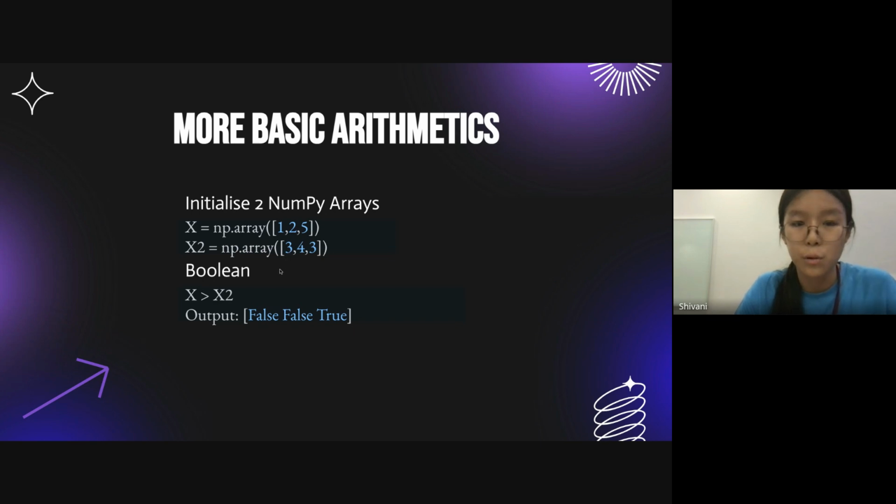The answer is no. Thus, it will output false in the first position. Then it also checks, is 2 more than 4? This is also not true. Thus, it will also return false. Lastly, is 5 greater than 3? Because this is true, it will output true, and we'll get this list of all the Boolean values.